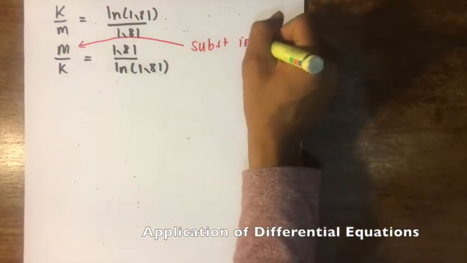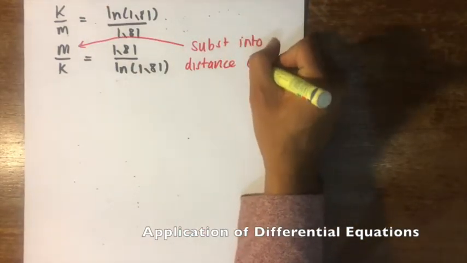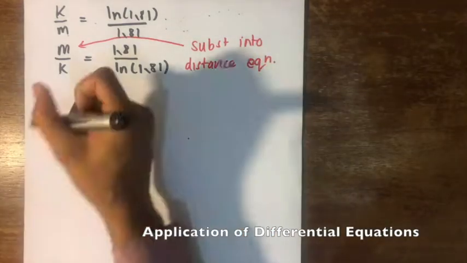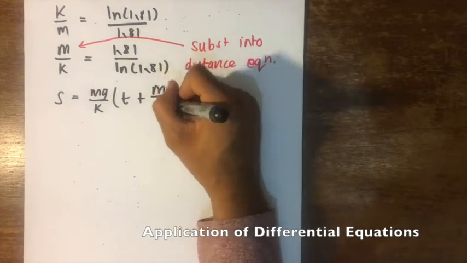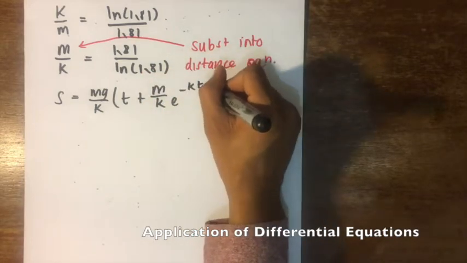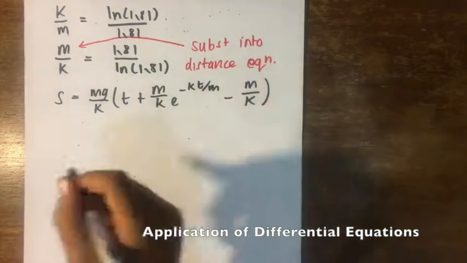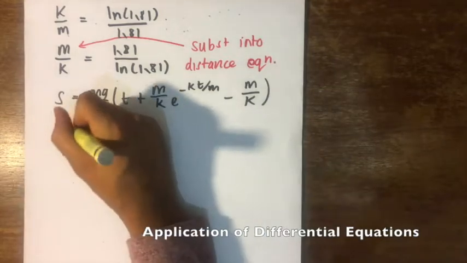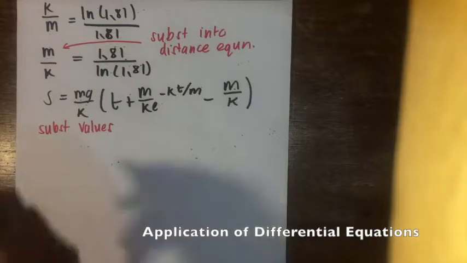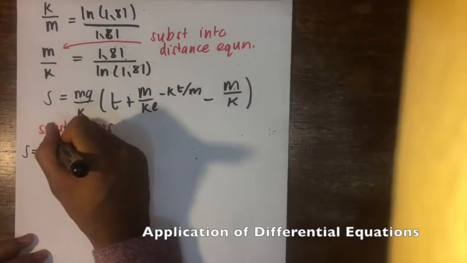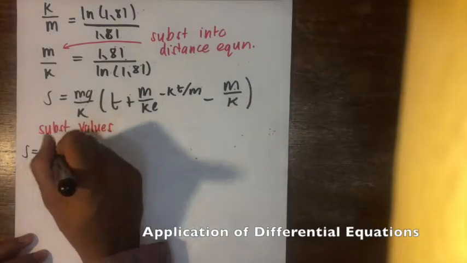Now that we have a value for m over k, we can substitute it into the distance equation. Now we can substitute all our known values into the distance equation to solve for the only unknown, which is distance.